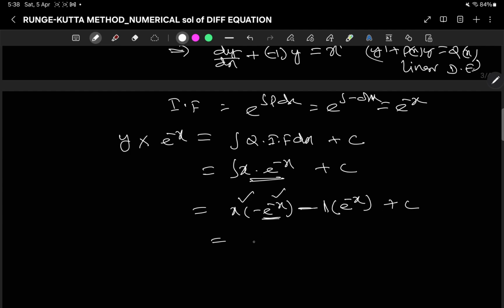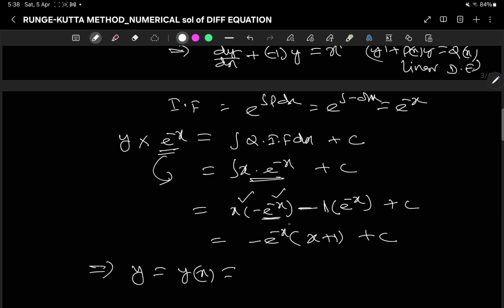So it is minus e to the power minus x taken common, (x plus 1) plus c. Now bringing e to the power x to the right hand side, y of x is equal to minus of (x plus 1) plus c e to the power x.